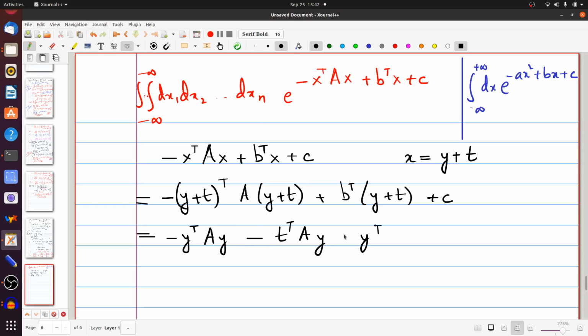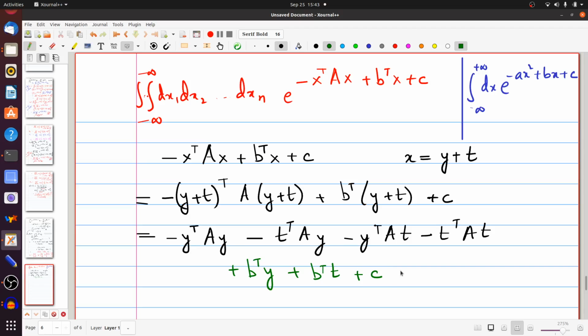So minus t transpose Ay minus y transpose At minus t transpose At. These are the 4 terms which come from the first term here. From the next term, what we get is 2 terms, one of which is linear, another which is just a constant, independent of y completely, and finally the term c as it stands.